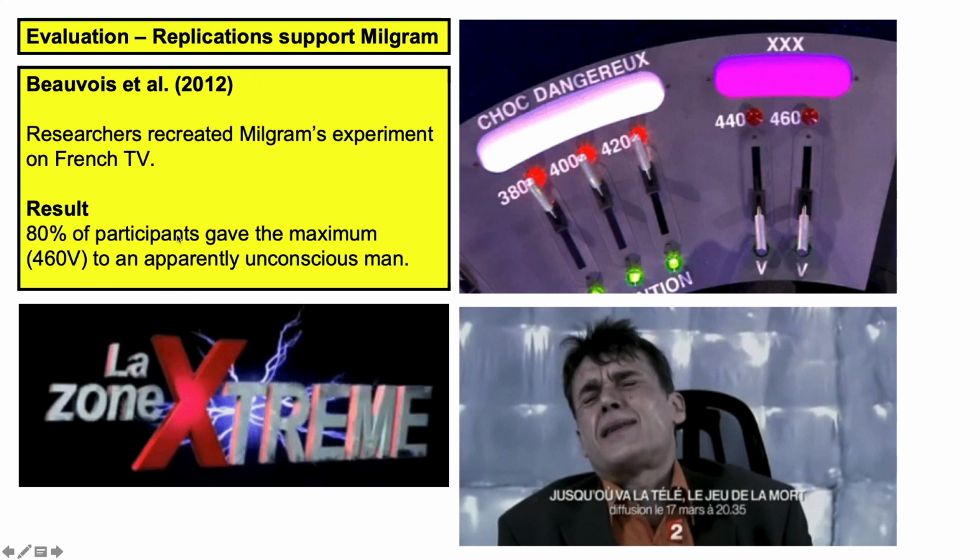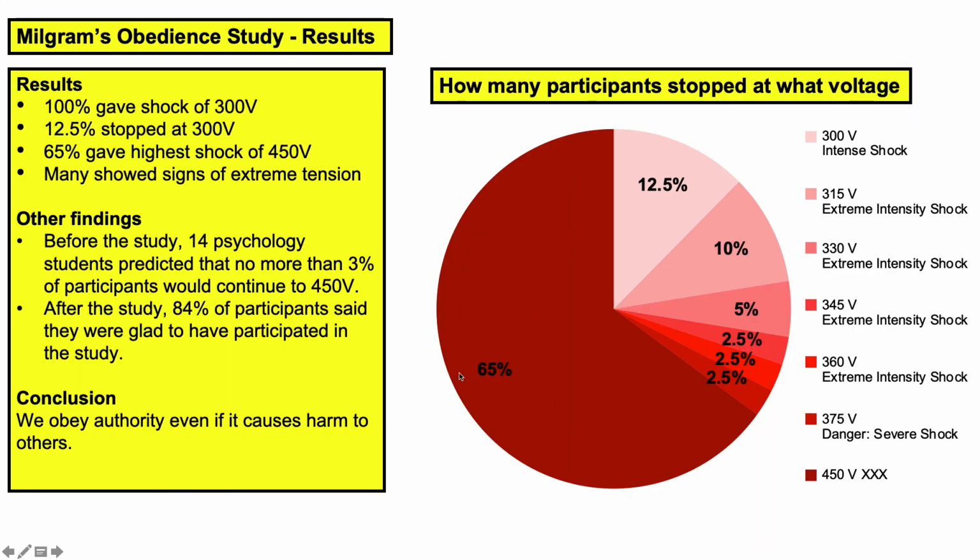And in that experiment, 80% of participants gave the maximum, in this case 460 volts, to an apparently unconscious man. So the man apparently became unconscious in the experiment. They continued nevertheless. Now, that's even higher than our 65% in the original Milgram obedience study.